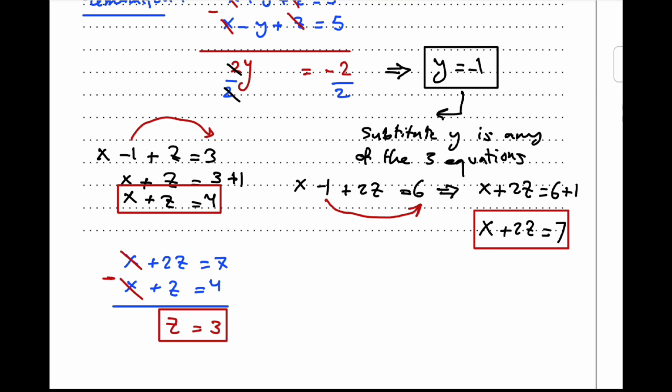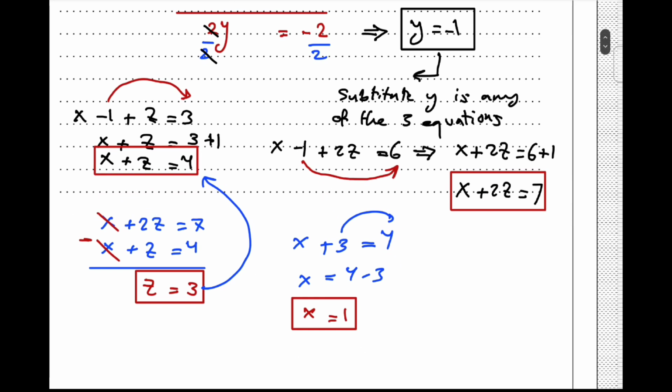And then you can take the z and plug it in any of these two equations to get x plus 3 equal to 4. So x equal to 4 minus 3, taking this to the other side, x equal to 1.